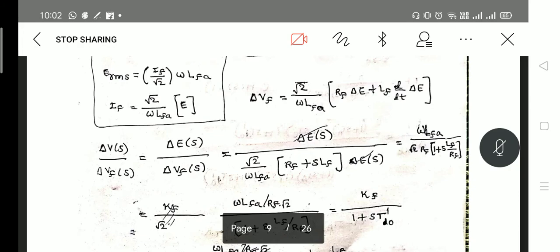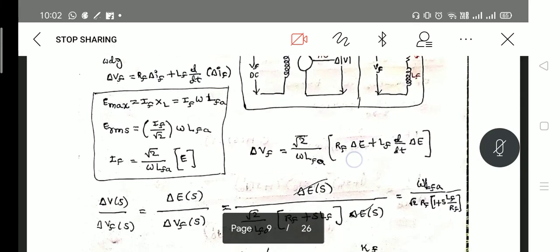From this we take delta V of S by delta Vf of S. Here delta V of S is the delta E of S. So I am taking delta E of S by delta Vf of S, the output of this synchronous generator.